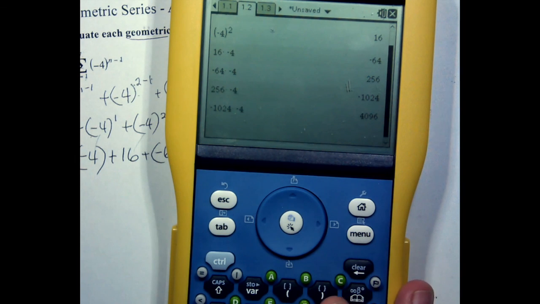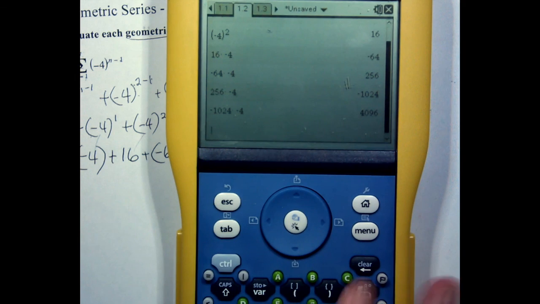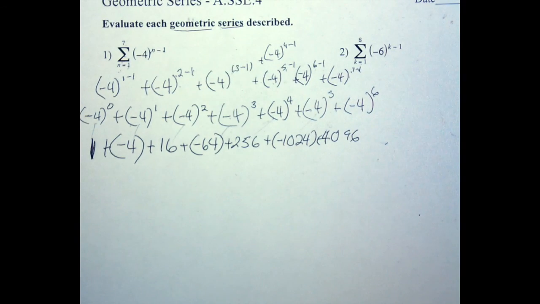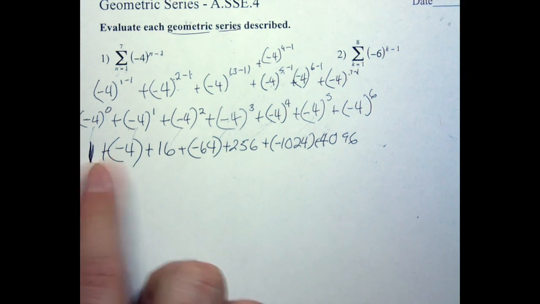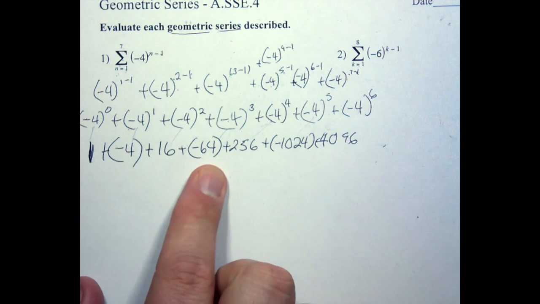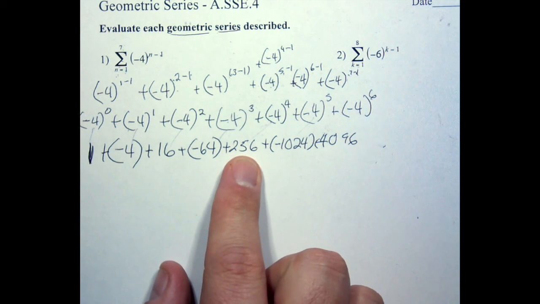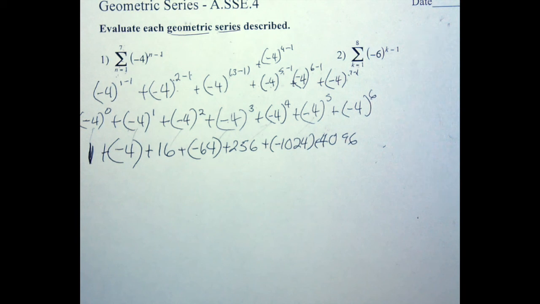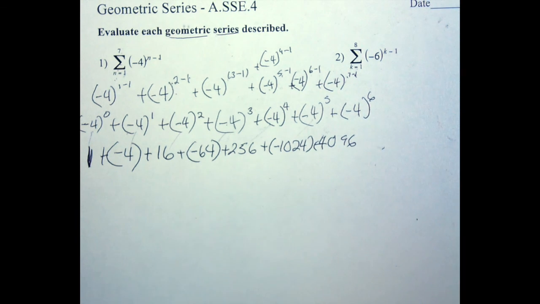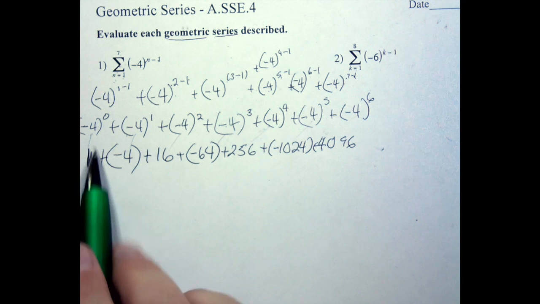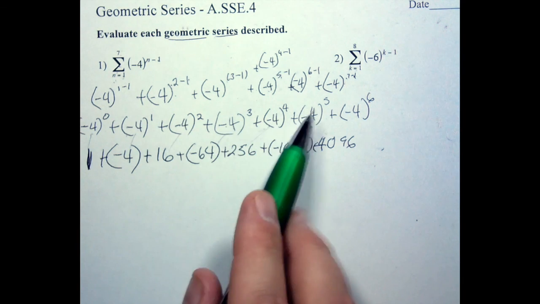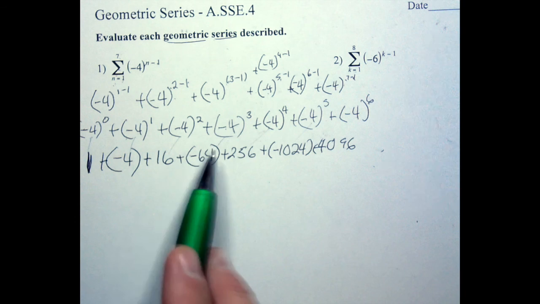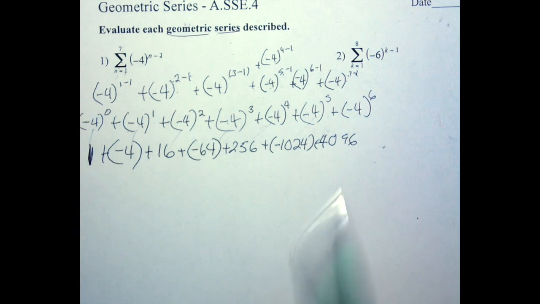Now I need to add all these up. I think this is our summation: 1 plus negative 4 plus 16 plus negative 64 plus 256 plus negative 1024 plus 4096. So I've got 1, 2, 3, 4, 5, 6, 7 terms. When we add a negative number, what's that the same as? Subtracting.